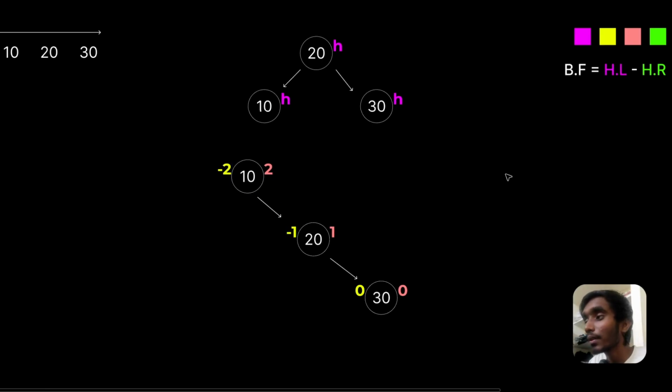Now the balance factor can only range between minus 1, 0 and 1, and if it is less than minus 1 or greater than plus 1, then we should perform rotations. In order to perform those rotations we need to find whether the numbers are less than minus 1 or greater than plus 1. Here the minus 2 is less than minus 1, so we should do some rotation.